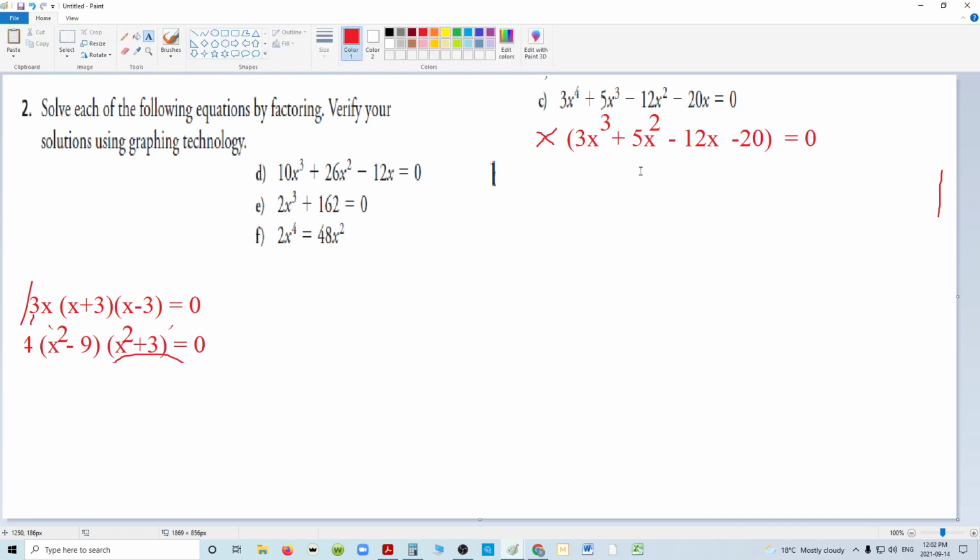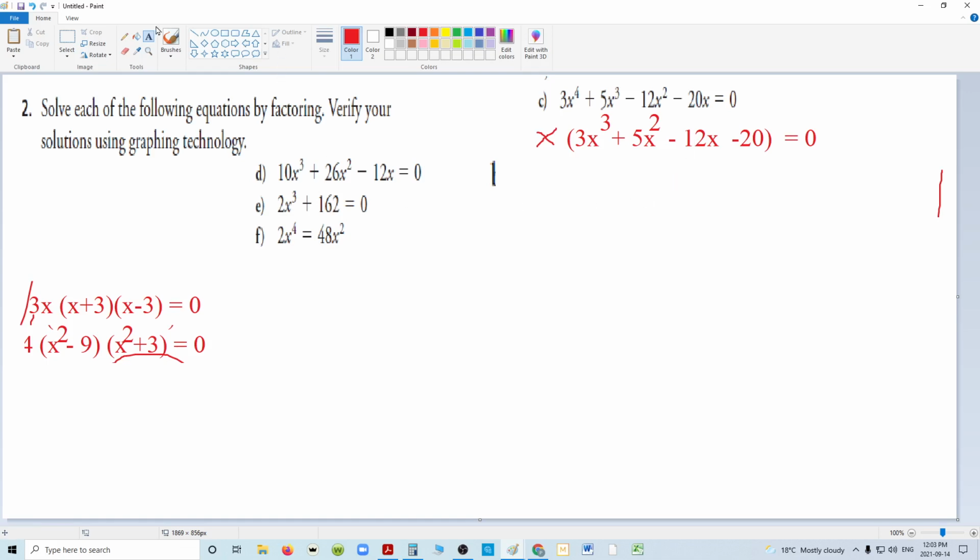Let's see. 3, 5, if I took 2 out of this, I get 6x minus 10. If I get 4 out of this, I get 3x minus 5. Huh, interesting.